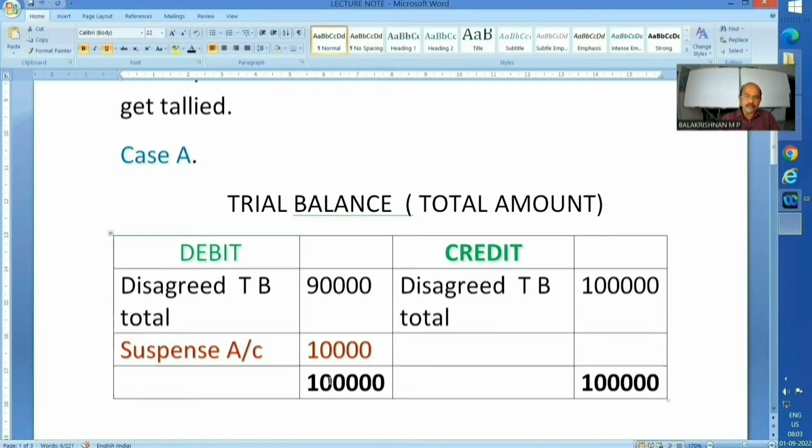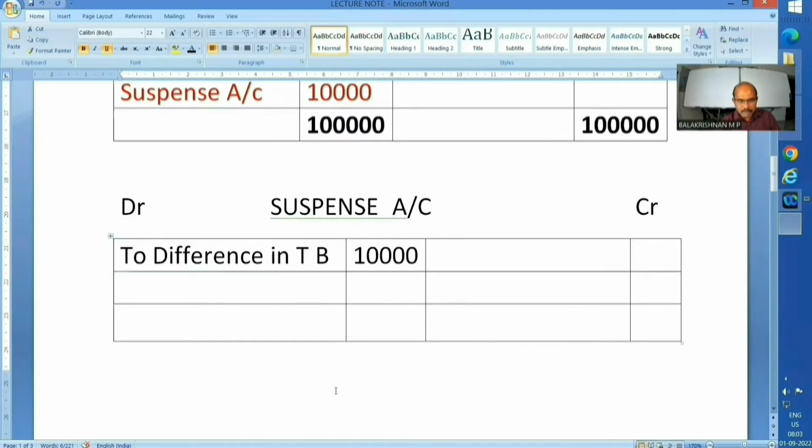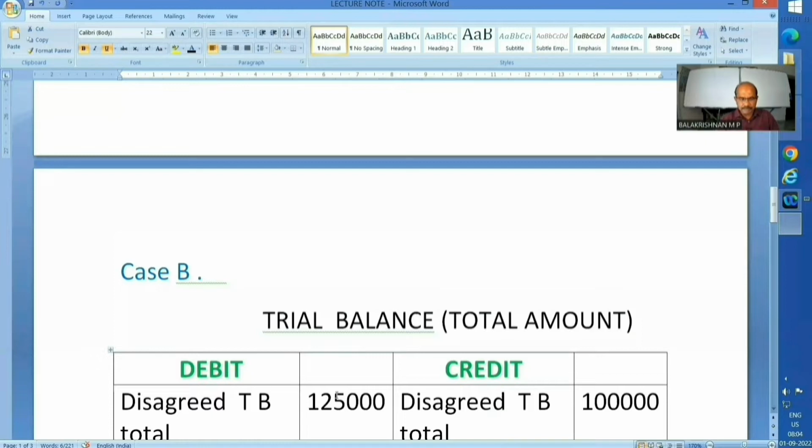Now let's see how this 10,000 will move to a suspense account. Suspense account debtor to difference in trial balance 10,000, in the same side it will come because it was a debit balance.